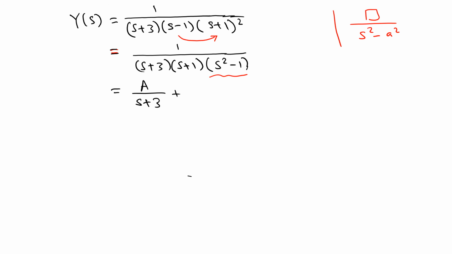There's an extra s plus 1, so there is always a term with s plus 1 squared that you cannot avoid, so there is a term B over s plus 1 squared. Please remember that. If you look at the original factorization, you see the s plus 1 squared term, and there's no way you can absorb that into any other term, but you can absorb s minus 1 and s plus 1.